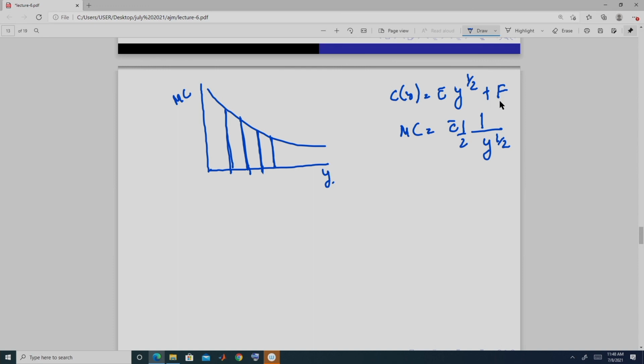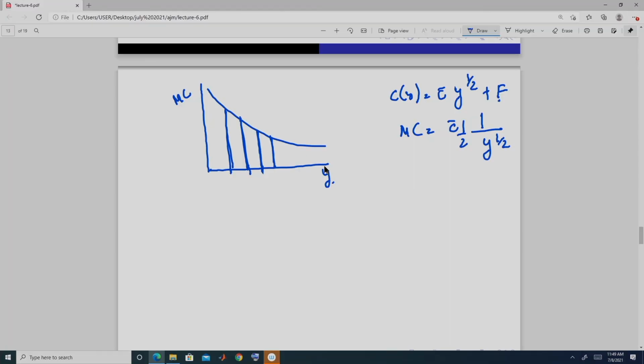But since we have this fixed component, we do not say exactly that this is mainly because of increasing returns to scale, because we cannot vary all the factors. But we get an idea that suppose the plant size is fixed or the land is fixed and all other inputs are variable, like labor and machines or labor and capital, then we may get a situation like this. Okay. So, simply take the derivative of this, you will get this. So, we get a marginal cost of this nature.